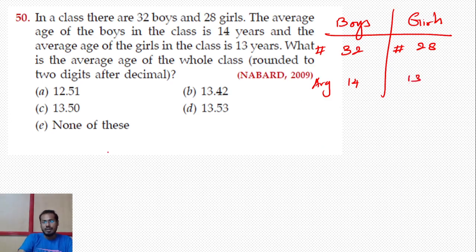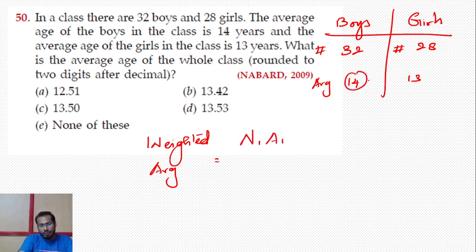Okay, so we had a formula for weighted average. The weighted average formula is N1A1. That means ஒருத்தருக்கு 14 years na 32 members க்கு எவ்வளவு plus N2A2.